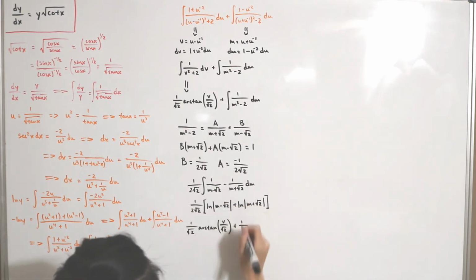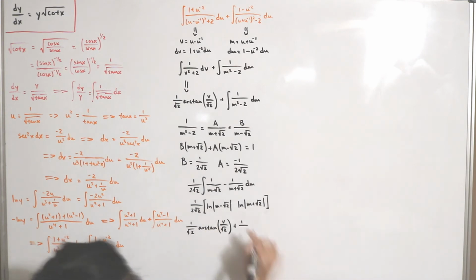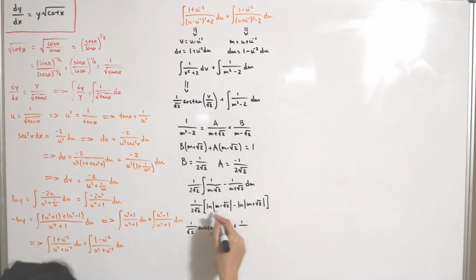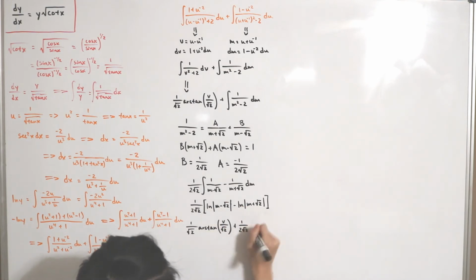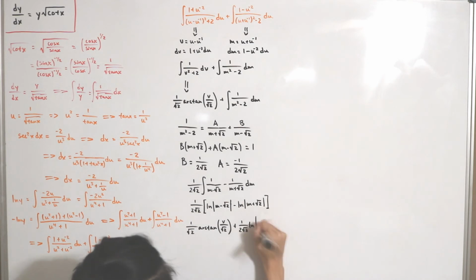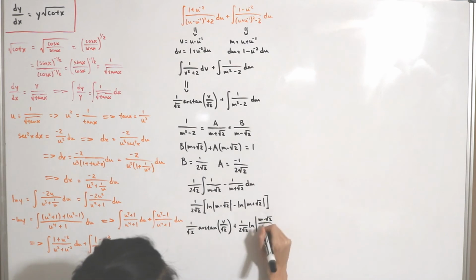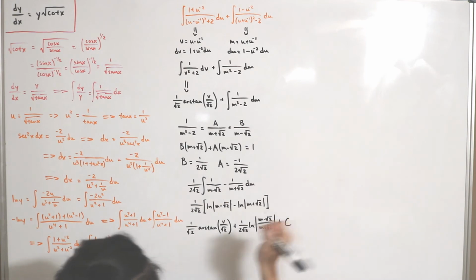So this is actually supposed to be a minus right over here. That's a minus. Okay, and because of this, we can write this under 1 natural log, and that will be with the division. So this is the natural log of m minus square root of 2, divided by m plus the square root of 2. And then this is an indefinite integral, so we add our constant c.